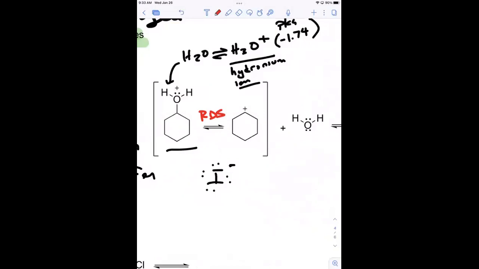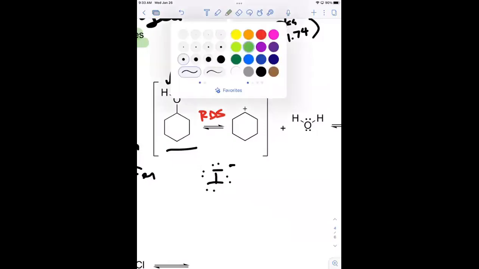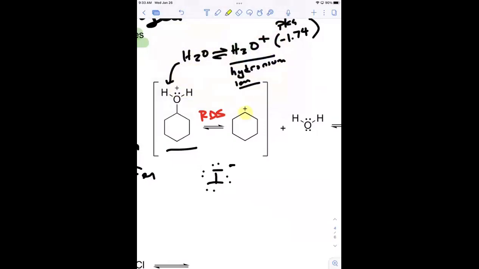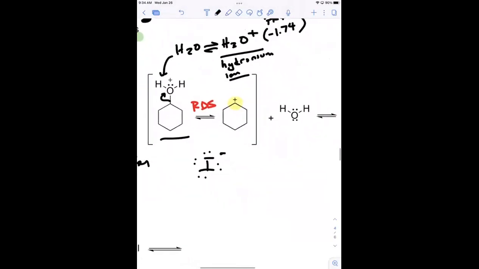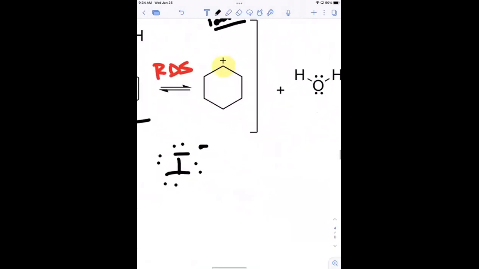Do you break the oxygen carbon bond? Yeah, that's exactly what happened. That carbon on this side is a carbocation now, and the only way to do that is take electrons away from that carbon. So we need to break this bond right here, like so, and we end up with a carbocation intermediate.